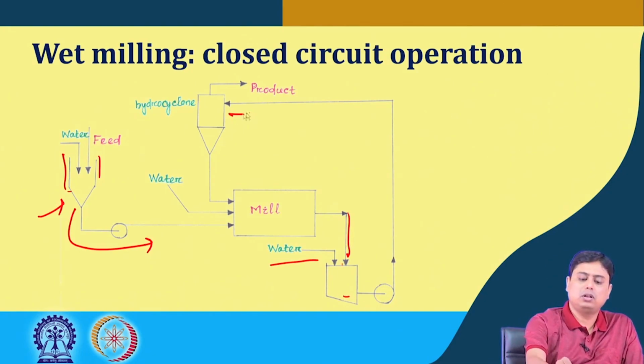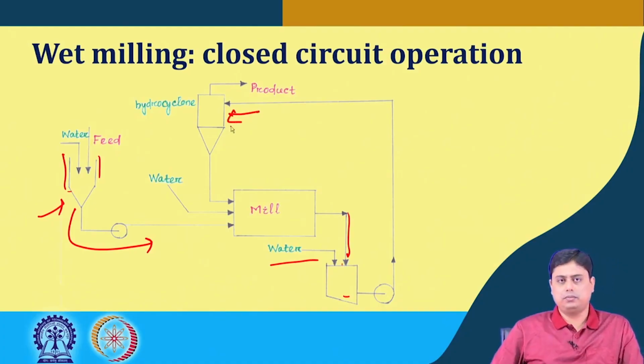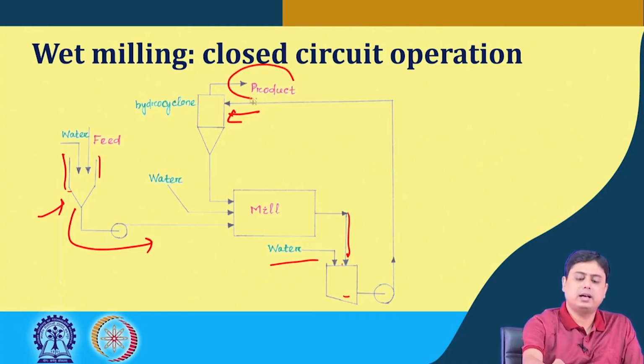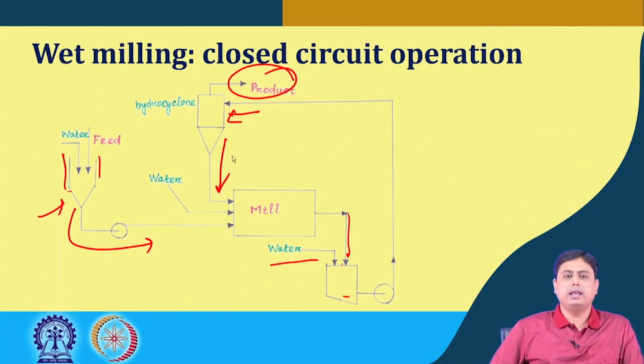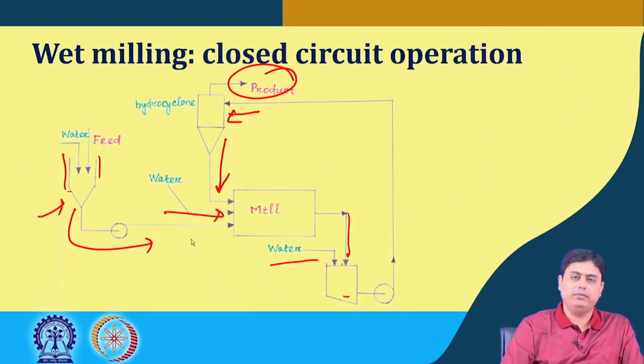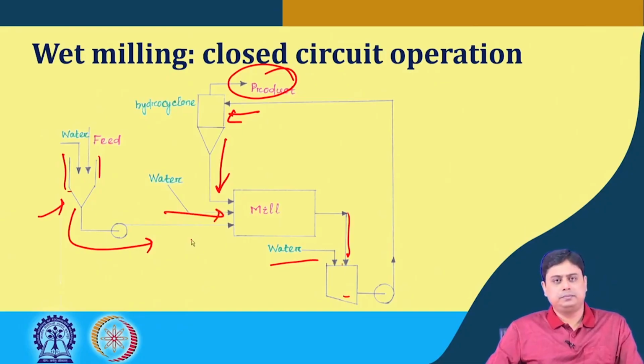This goes for classification in a hydrocyclone, where the finer particles are collected at the top and the bigger particles again come back to the mill with the fresh feed, where water is supplied everywhere in order to facilitate the flowability of the material.